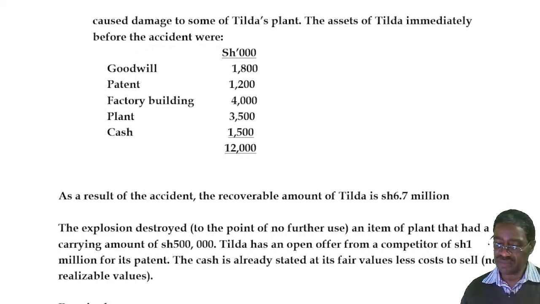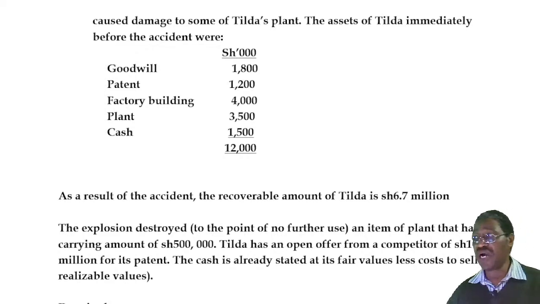Patent, it is 1.2. Building, it is 4 million. Plant. You remember I removed the 500. So I'm remaining with 3 million. And then cash is 1.5.